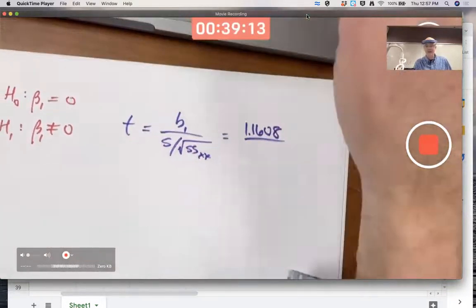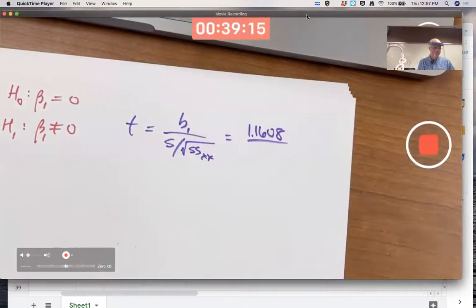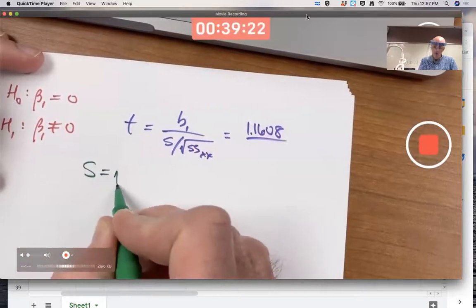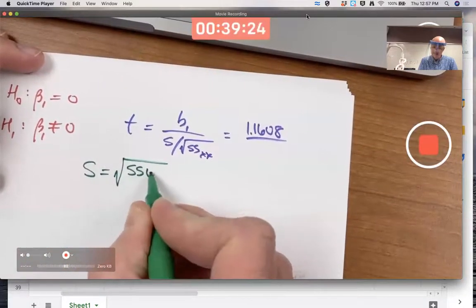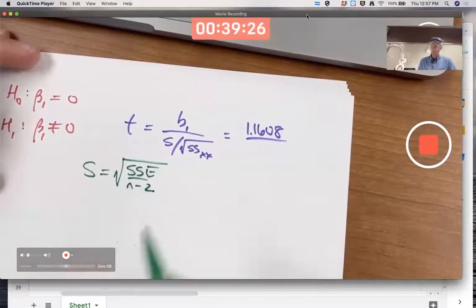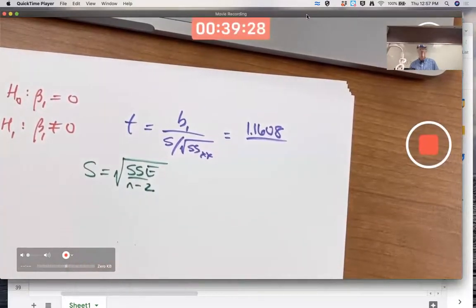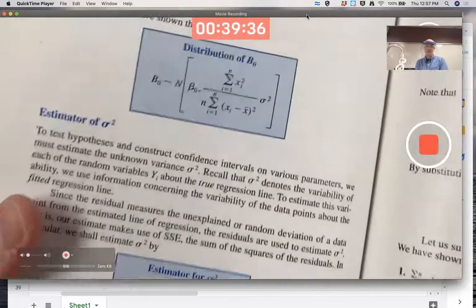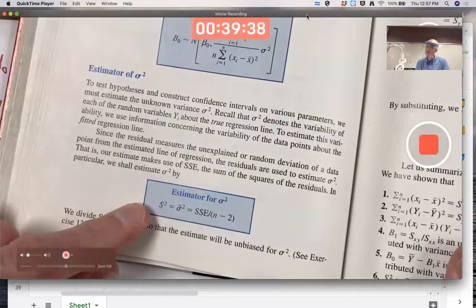Regression standard error, S, as a statistic, as a capital S, its formula was the square root of SSE divided by n minus 2. That's found by taking the square root of both sides of this formula here.